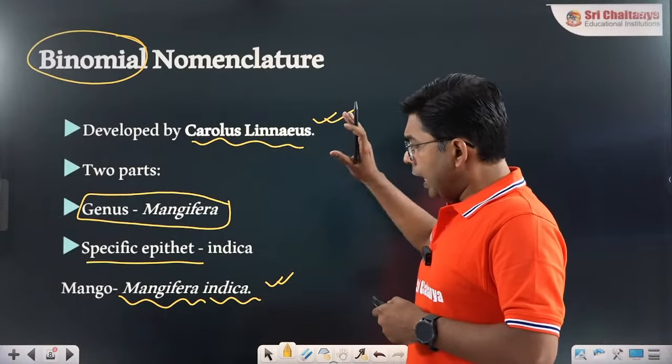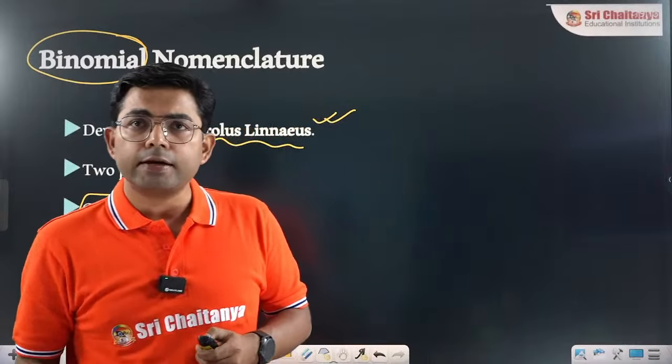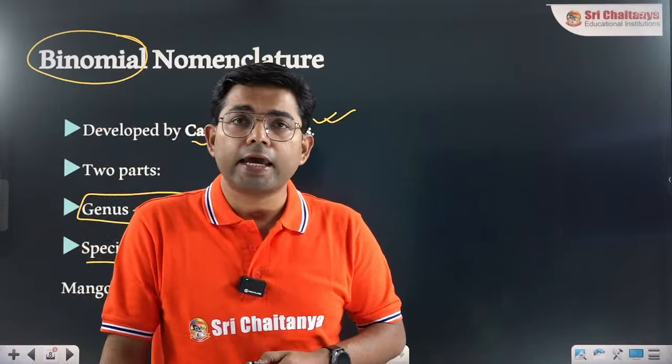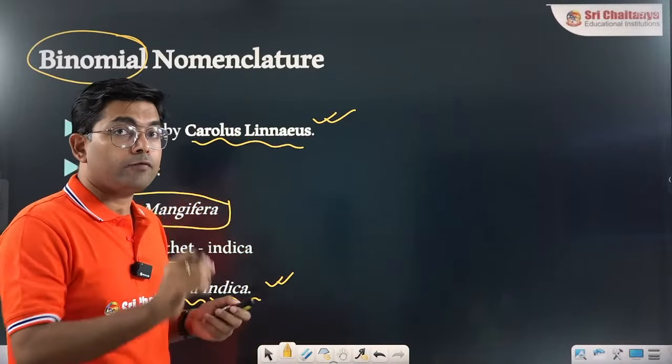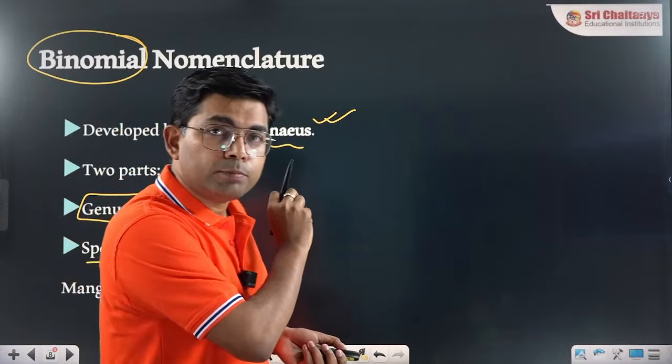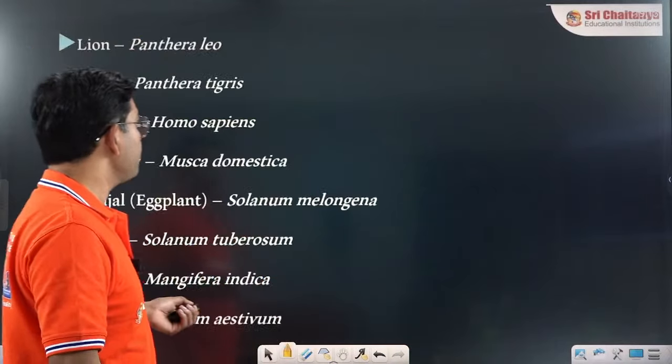Now there are many other rules also drafted so that the nomenclature can be done correctly. So let's see some of the rules of nomenclature, and this is one of the most important parts of this chapter. From here questions are asked regularly.